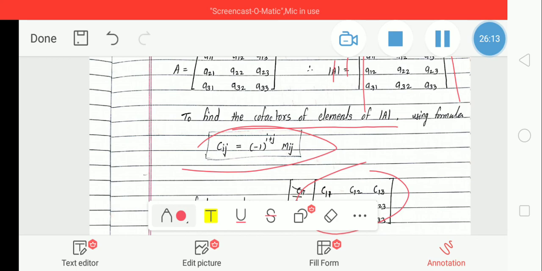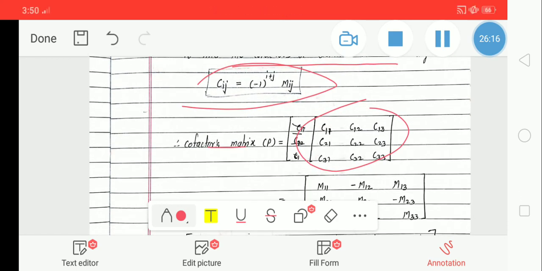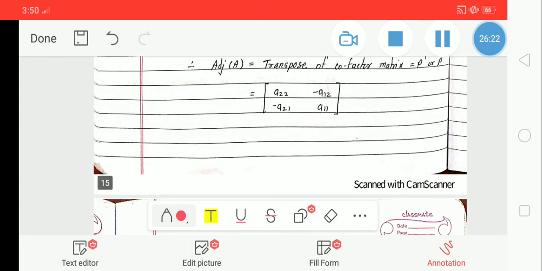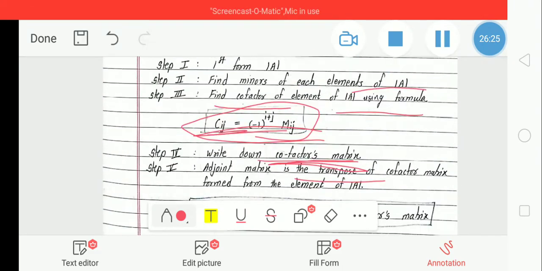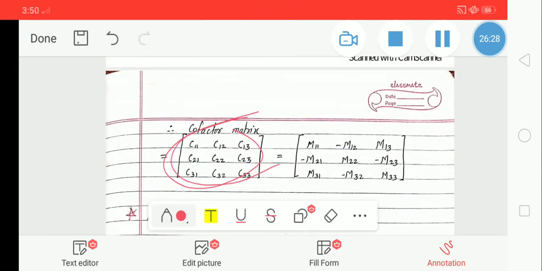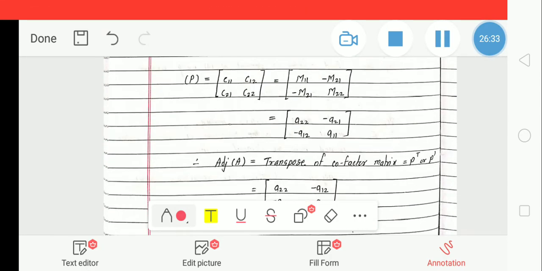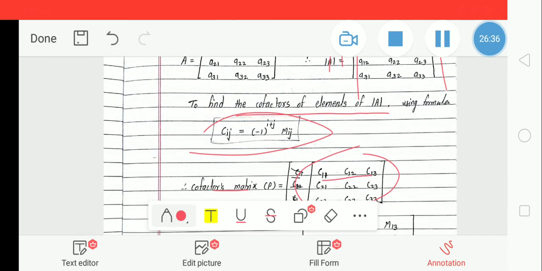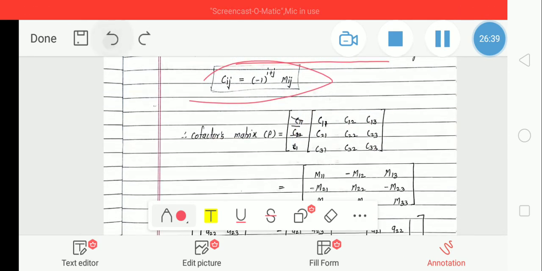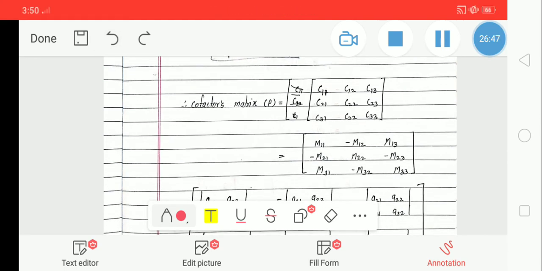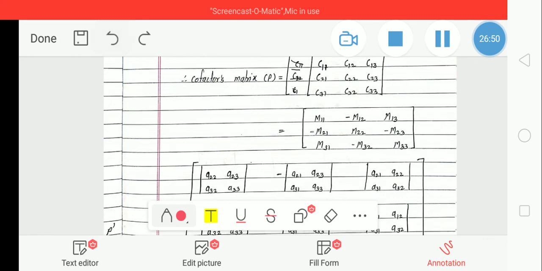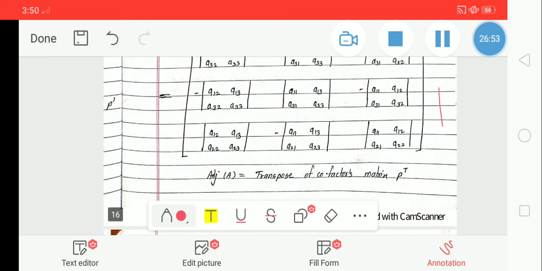We find the cofactors of the 3 cross 3 matrix as above, C11, C12, C13, and so on. Now the cofactor matrix is P: C11, C12, C13, C21, C22, C23, C31, C32 and C33.